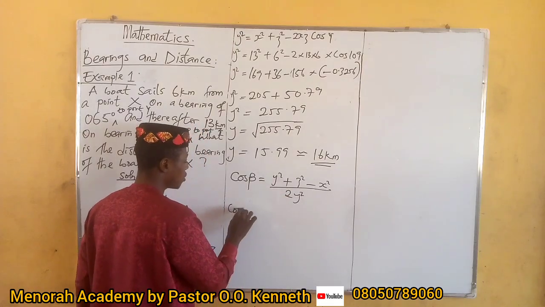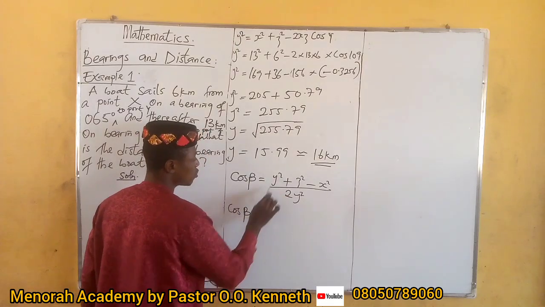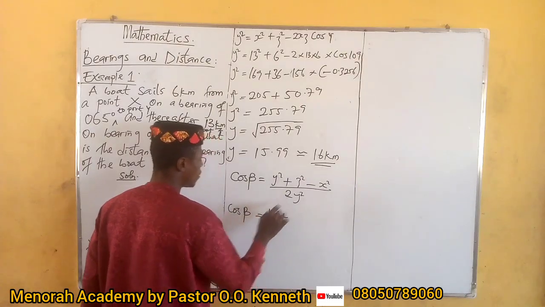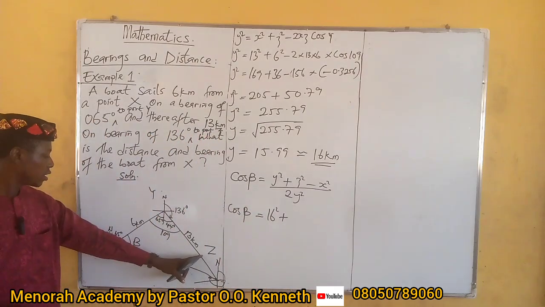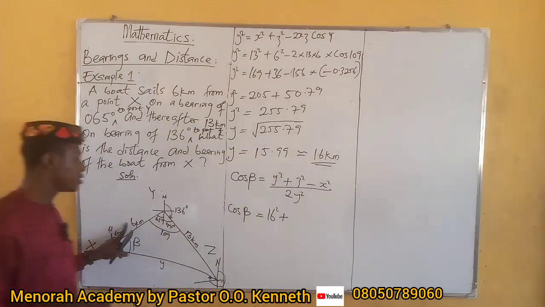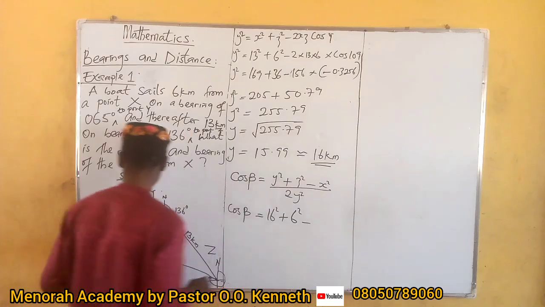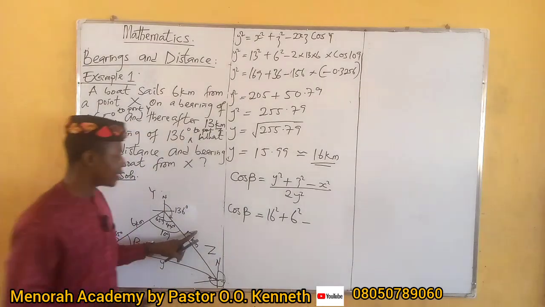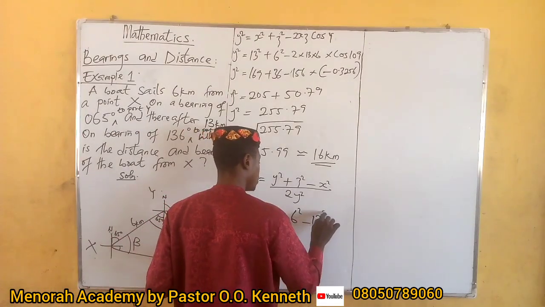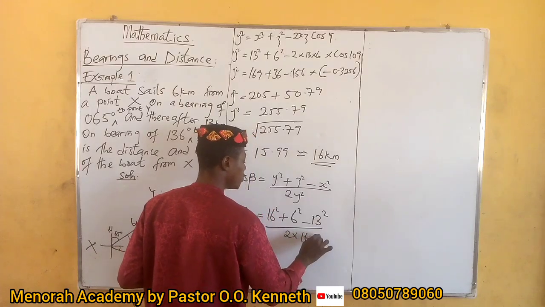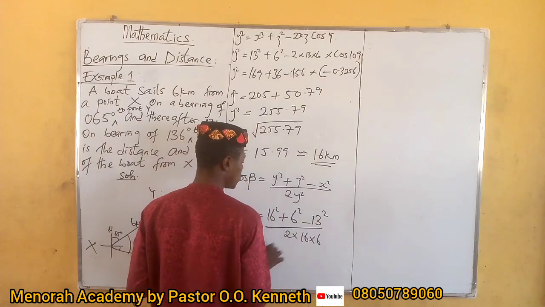So cos beta is equal to our y, we just found it to be 16 squared, then plus our z, the opposite is 6 squared, then minus our x, which is 13 squared, all over 2 times 16 times 6.